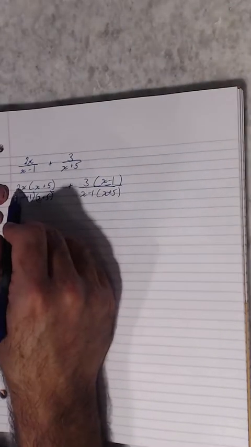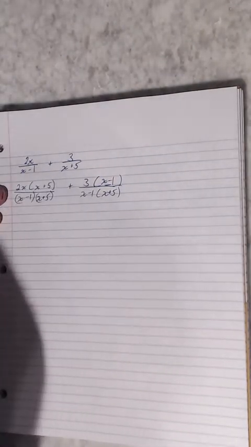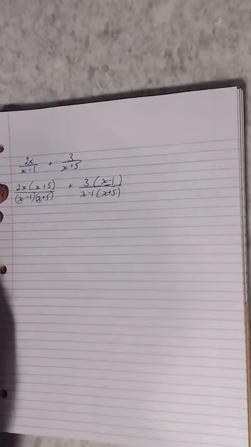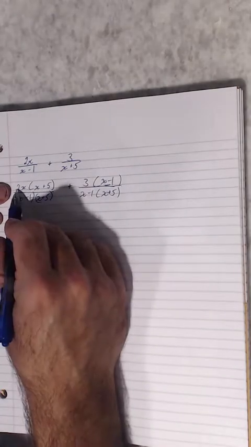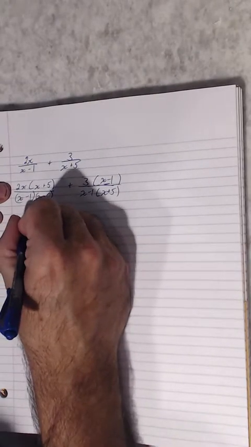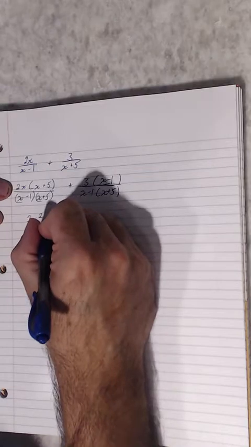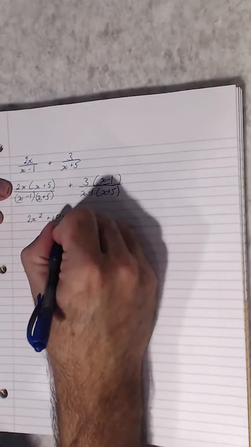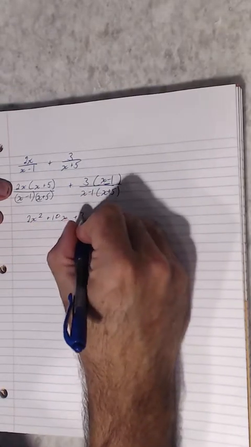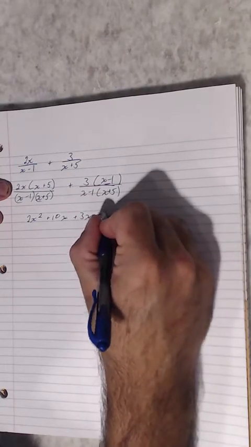Now, if I do this out, I'm going to get 2x times x is 2x squared. 2x times 5 is plus 10x plus 3x minus 3.